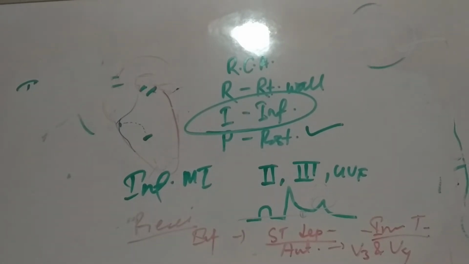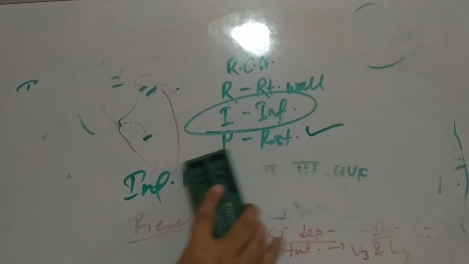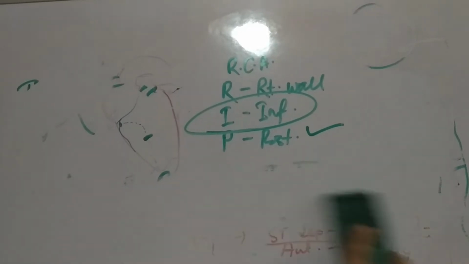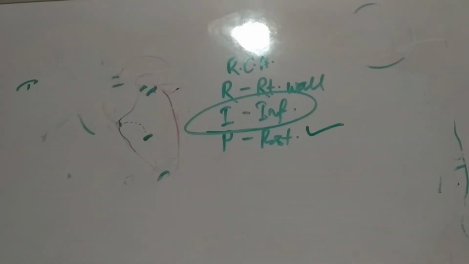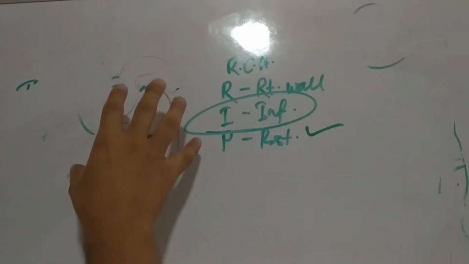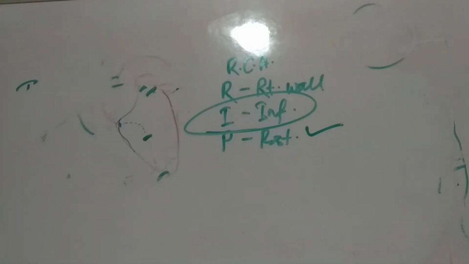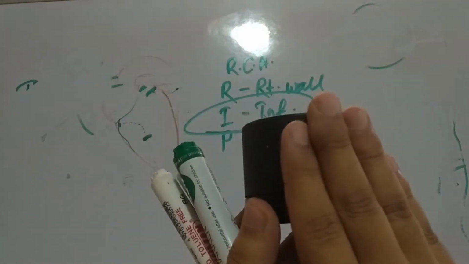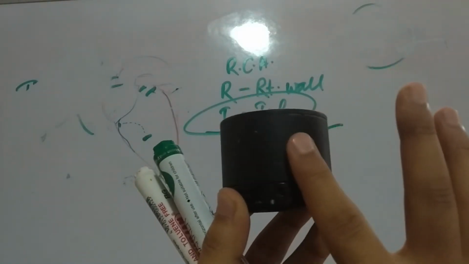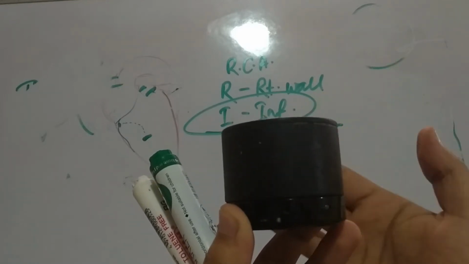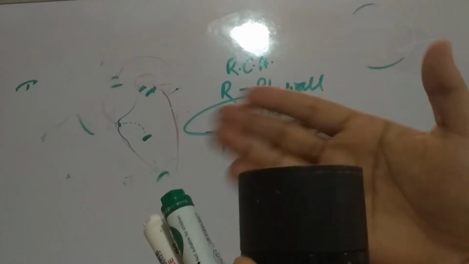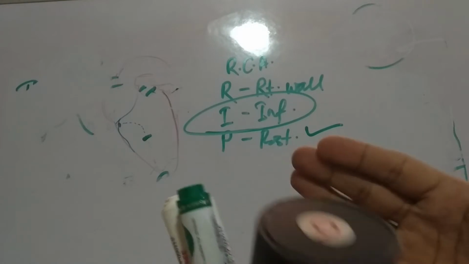Now we will discuss what the changes will be in posterior wall MI. There is a distinct pattern in posterior wall MI. Suppose this is your heart, as in the example we already took, and you have your chest leads in front, but the lesion is behind, that is the posterior wall infarction.